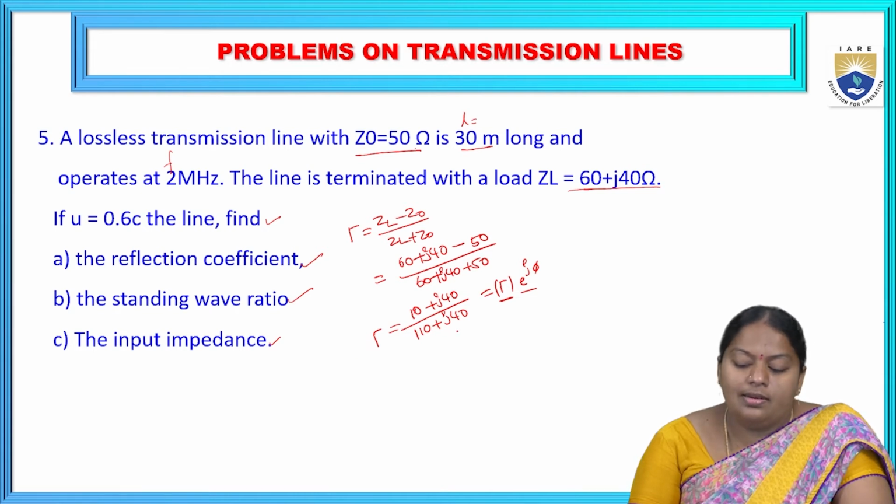To write this gamma in terms of magnitude and phase, observe that the numerator and denominator are complex functions in rectangular form, x plus jy.